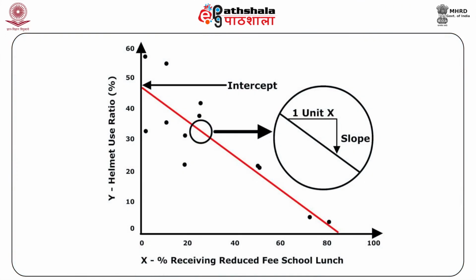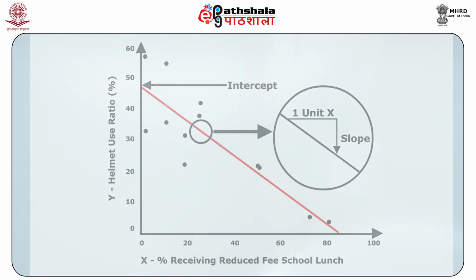Now, making the interpretations, we find in the figure the regression line here. The slope in the regression model is the average change in y per unit x. Thus, the slope of minus 0.54 predicts 0.54 fewer helmet users per 100 bicycle riders for each additional percentage of children receiving reduced fee meals.